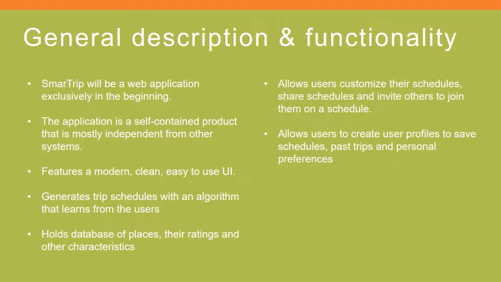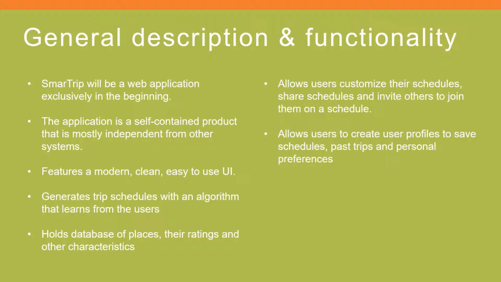We have plans to introduce it later on to the different mobile platforms because we feel its functionality really shines in these platforms. But for the beginning, we intend to just have it on the web because it serves as a launch pad for us to develop the functionality that we want and then translate that into other platforms.